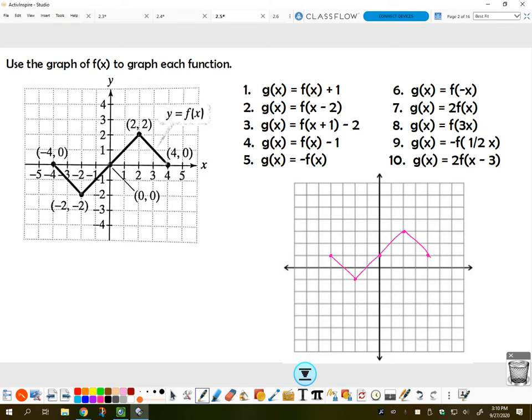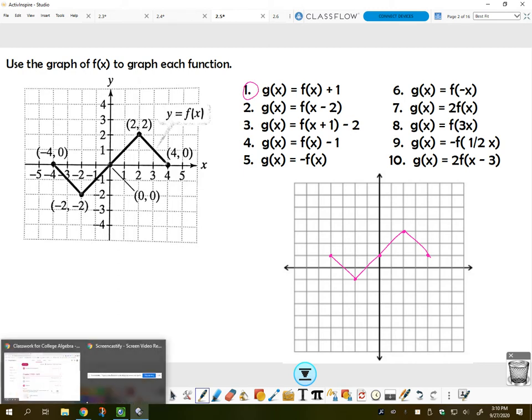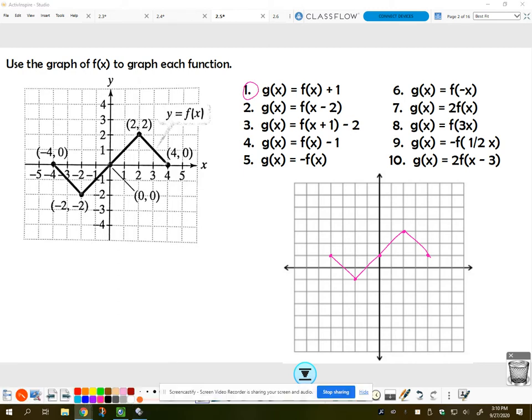All right, so that was number 1. Number 2. I'm going to do 2 or 3 of them, and then I'm going to erase everything so that it's not too jumbled. So number 2. Minus 2 on the inside means everybody goes to the right.